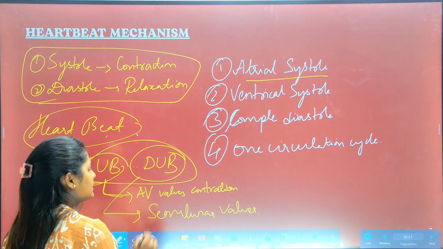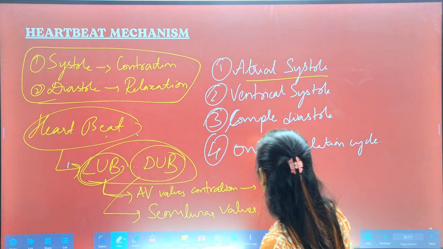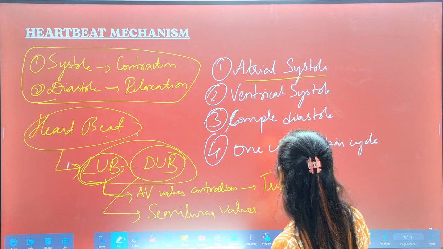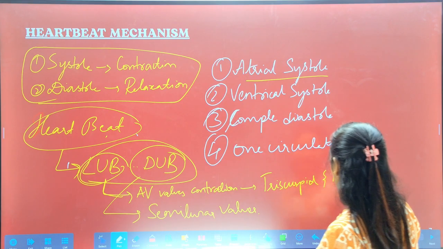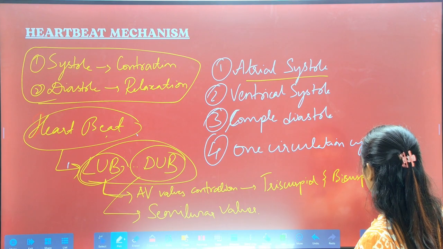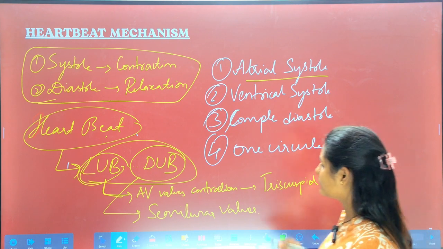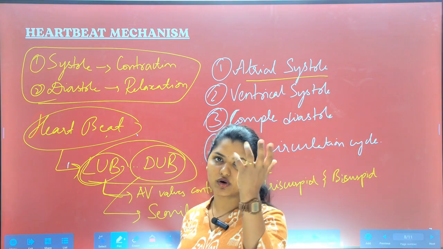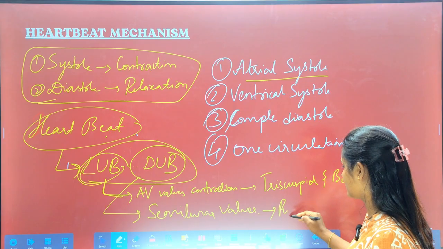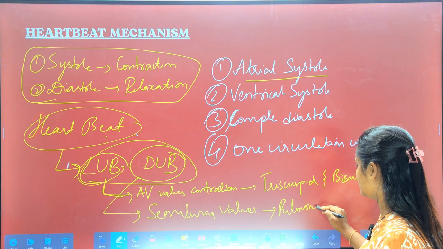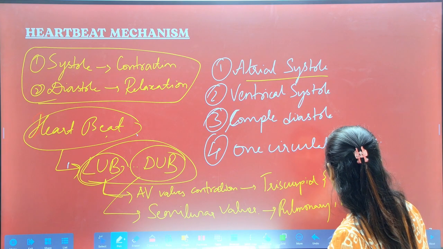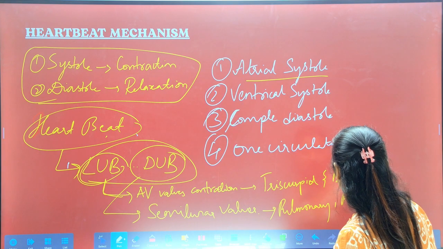So here these are because of the tricuspid and bicuspid valves. So the lub sound is due to tricuspid and bicuspid contraction, and dub is due to the semilunar valves, the pulmonary and aortic valves.